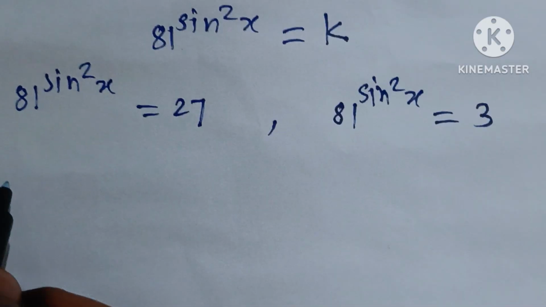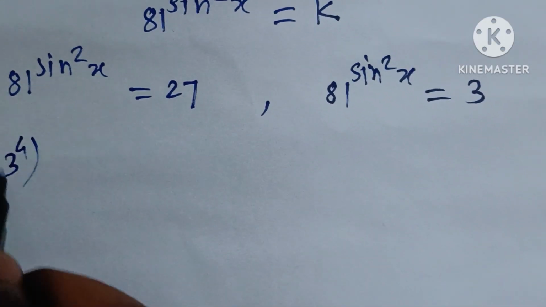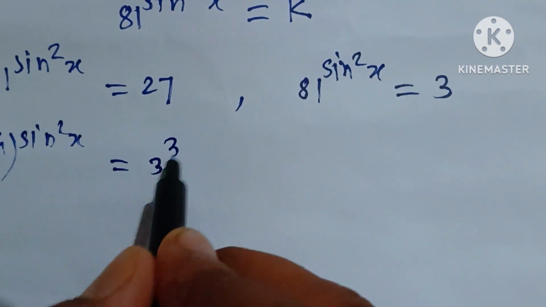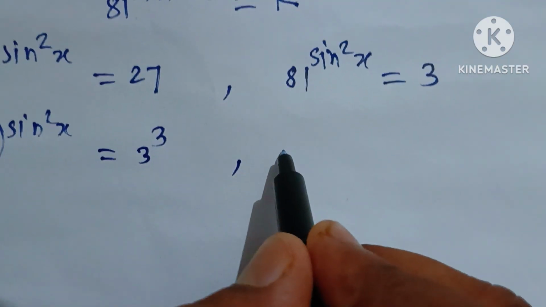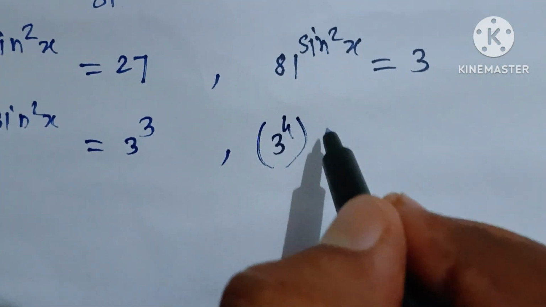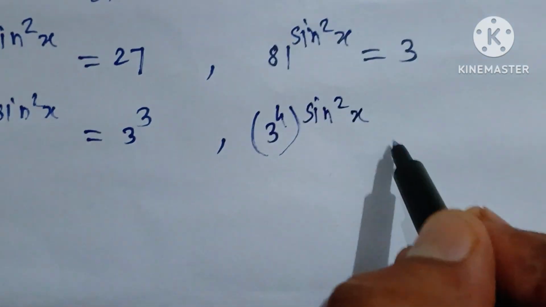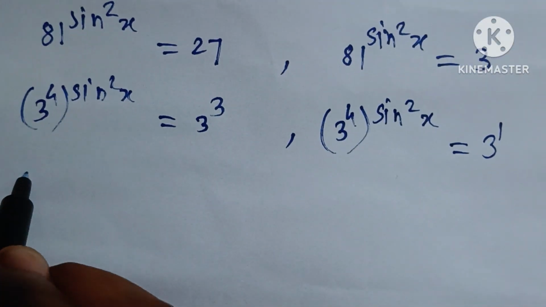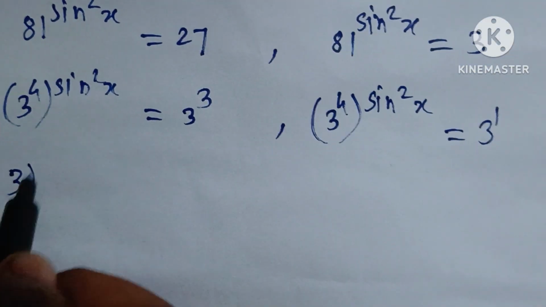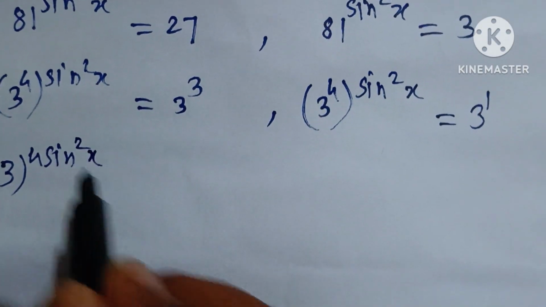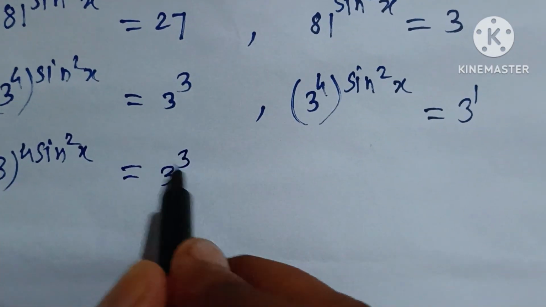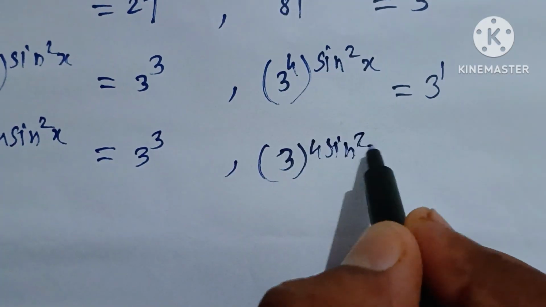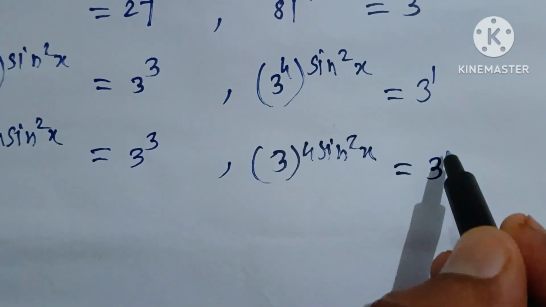Now 81 we can write as 3 to the power 4, so 3 to the power 4 sin²x equals 3 to the power 3, and 3 to the power 4 sin²x equals 3 to the power 1.